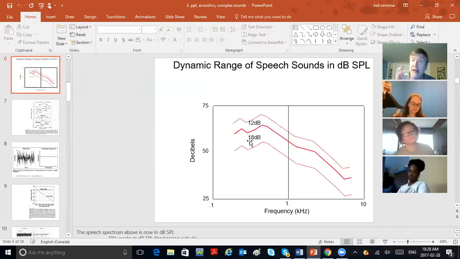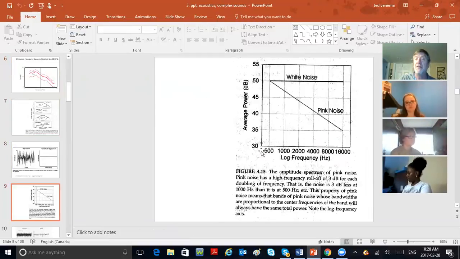And the broad band noise that has a similar spectrum to speech is going to be pink noise. There you go. So it all has meaning. It all has relevance to your field. Always, always, always. All of this stuff finds its life in your field, actually and truly.